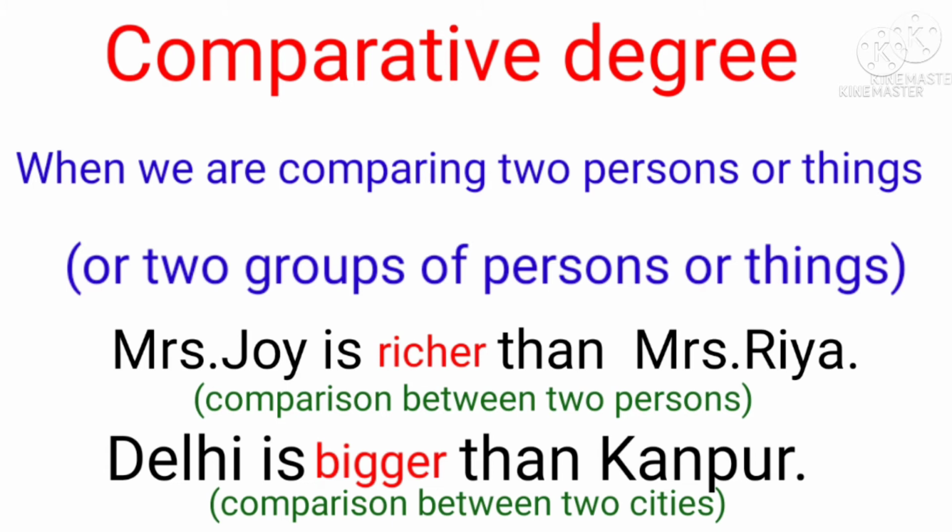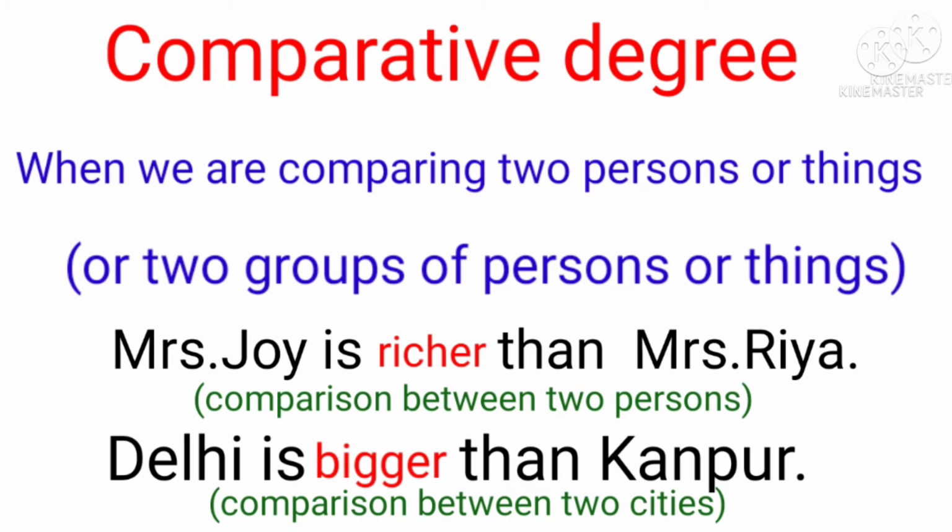Like here you can see, Mrs. Joy is richer than Mrs. Ria. So here you can see I am comparing who is richer. So here there is a comparison between Mrs. Joy and Mrs. Ria. So there is a comparison between two persons.